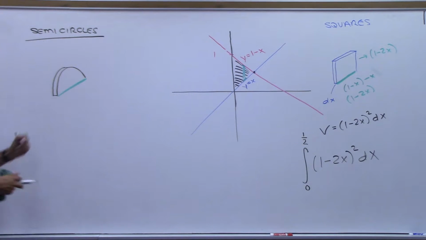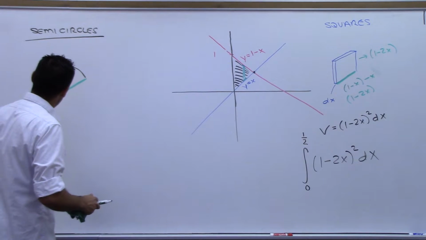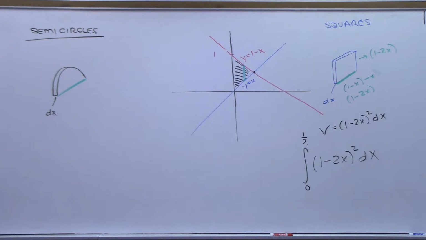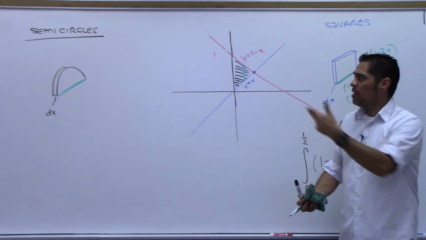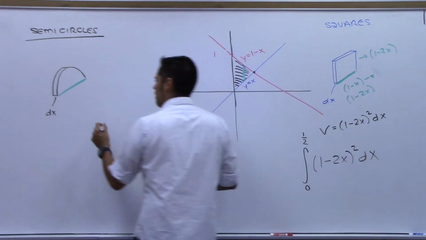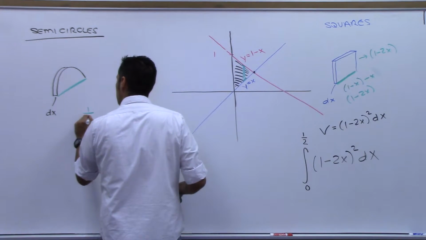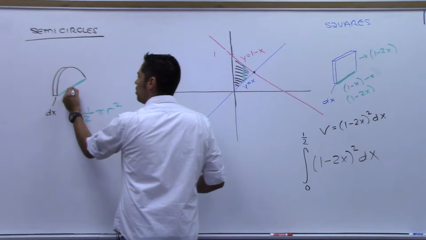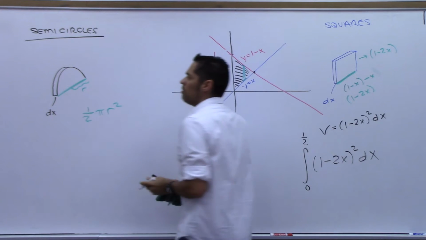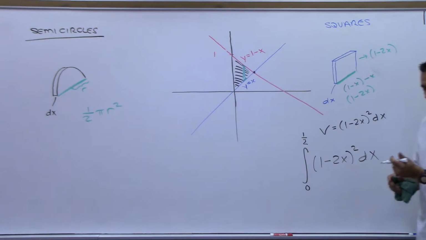It still has the same width of dx, but you need to find the area of that little half circle. So what is the area of a circle? Pi r squared? But then we want half of that. So we want half of pi r squared. So I need to actually know that radius, don't I? Yes. The radius, not the diameter.